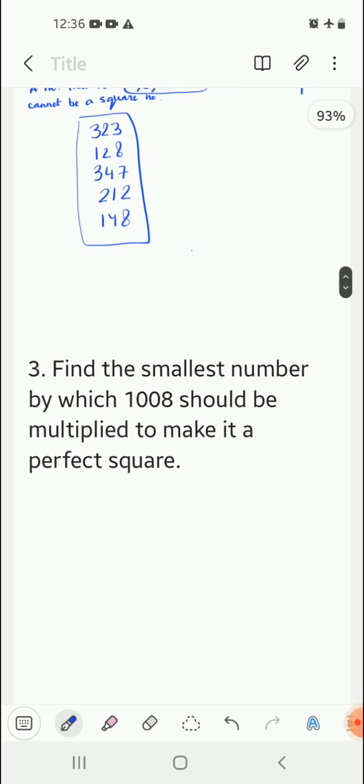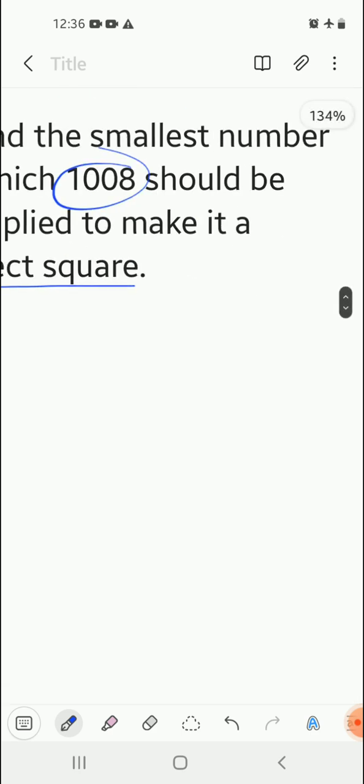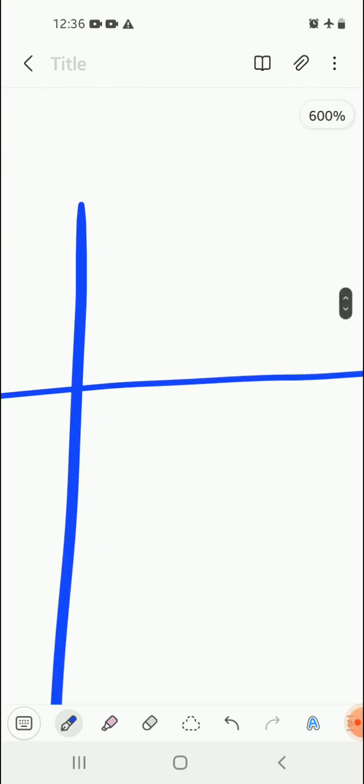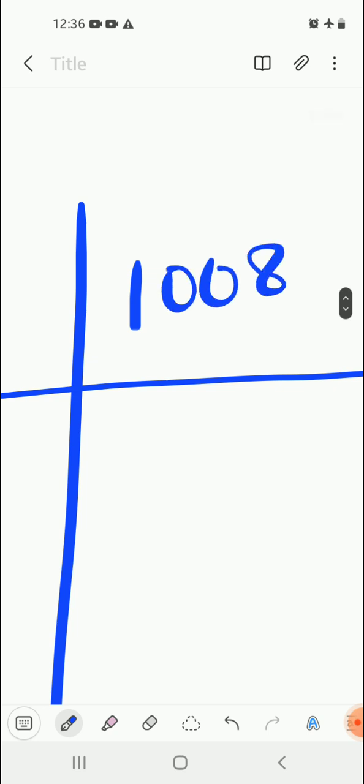Moving on, number 3. Find the smallest number by which 1008 should be multiplied to make it a perfect square, which means it is not a perfect square. So first let's find out the factors of this number. 1008, clearly it is divisible by 2.